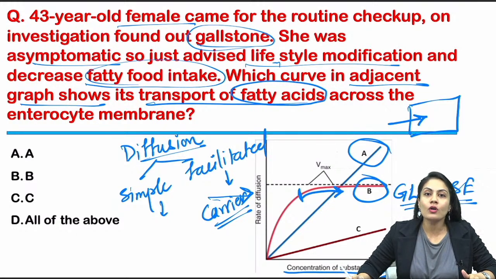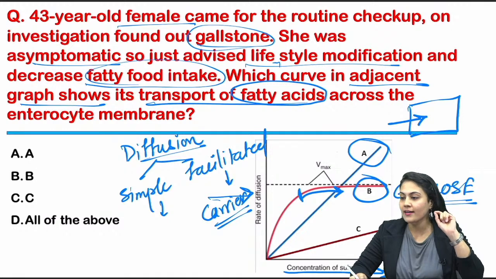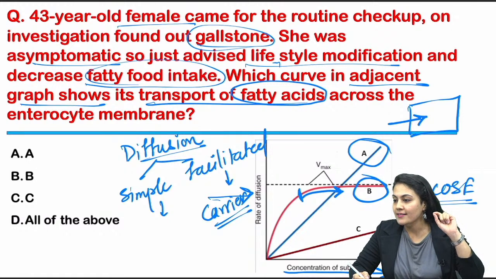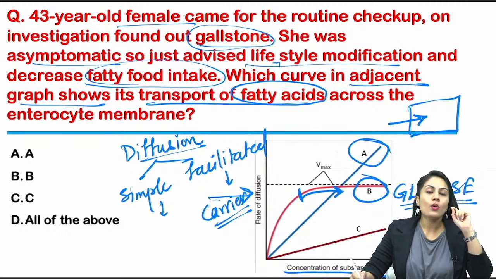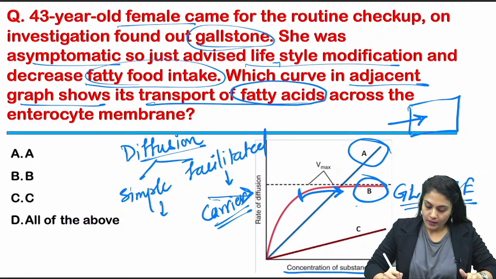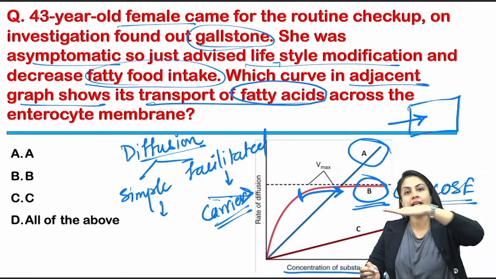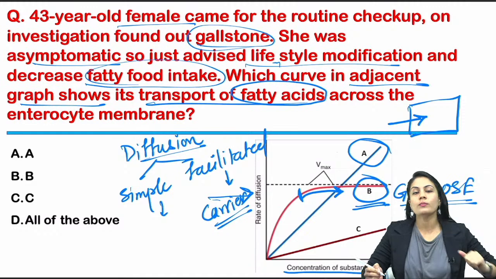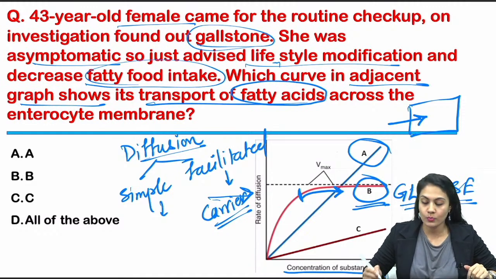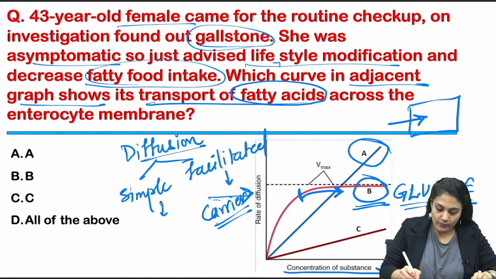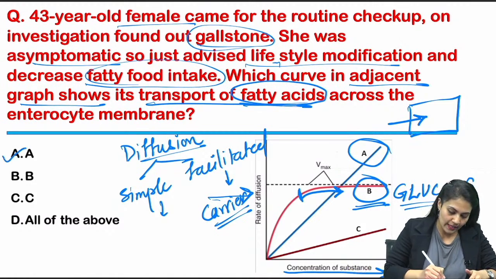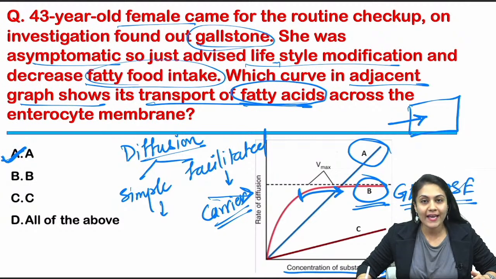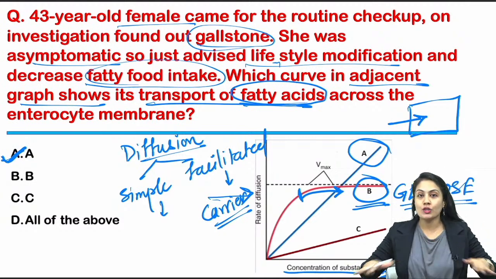So water soluble substances require the carrier protein and they are going to get saturated. As they are saturated, there is going to be the saturation kinetics which is seen over here, and that's why we are not going to talk in terms of glucose or GLUT over here, but the fatty acid. So my curve is going to be curve A. There is no per se saturation, right?